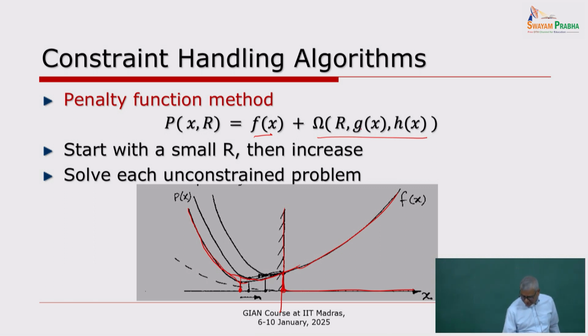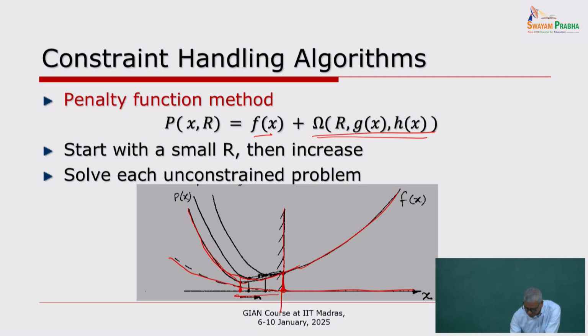You add the penalty. So with the penalty, this omega function can be just this. It's called the bracket operator penalty, or it could be a linear function that says as you go away from the boundary of the constraint, your penalty increases monotonically. It could be a straight line or a quadratic function, whatever it is.